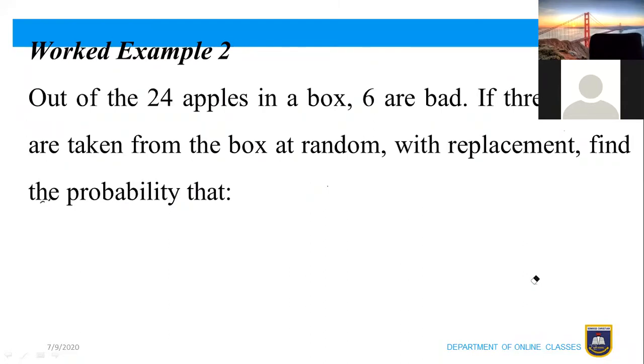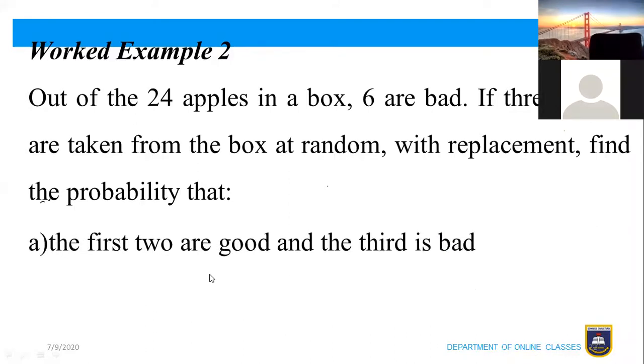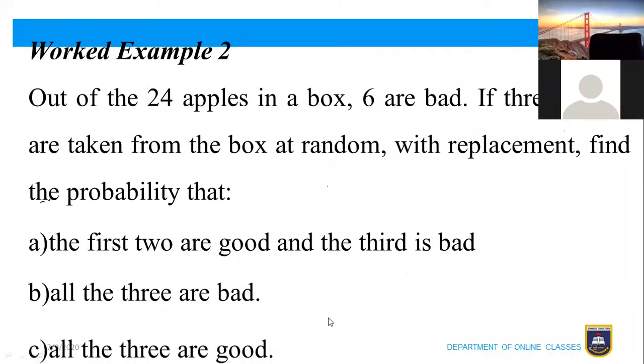If 3 apples are taken from the box at random with replacement, find the probability that A, the first 2 are good and the third is bad. B, all the 3 are bad. C, all the 3 are good.